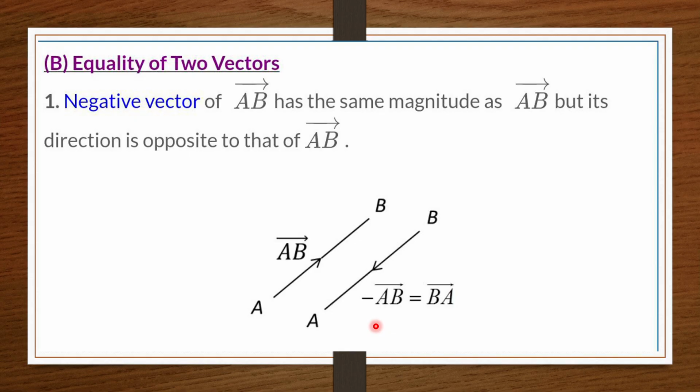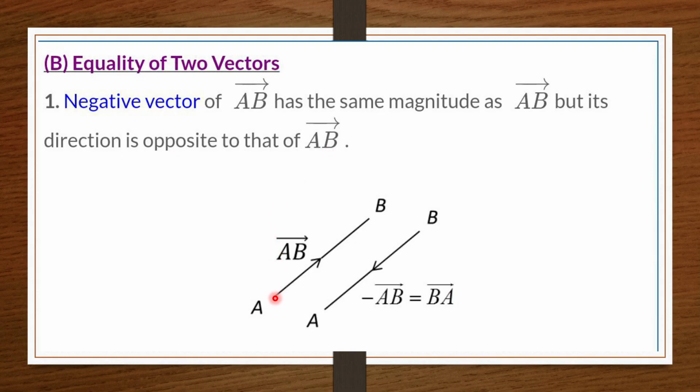Equality of two vectors. The negative vector of AB has the same magnitude as AB, but its direction is opposite of AB. Below, we have two arrows.